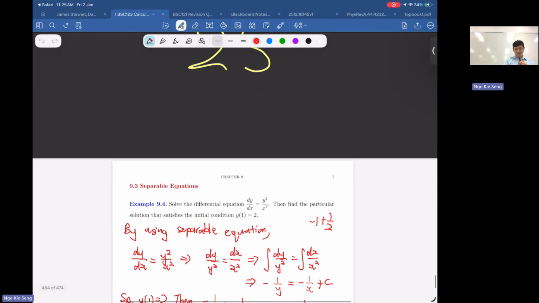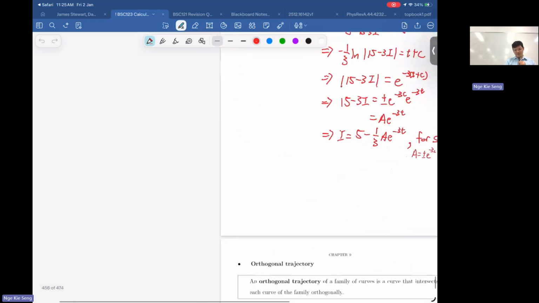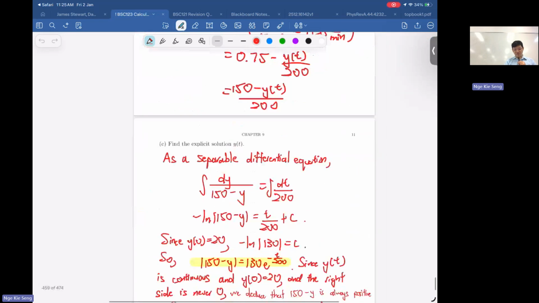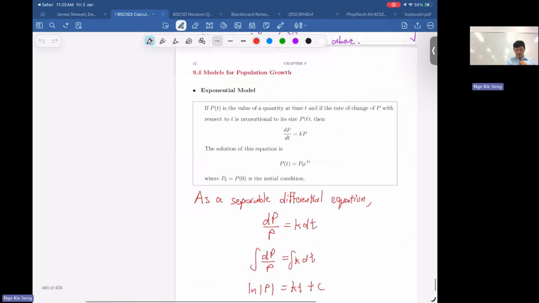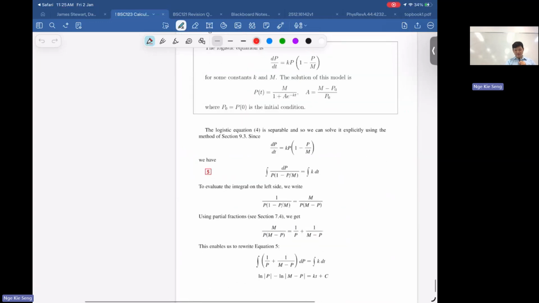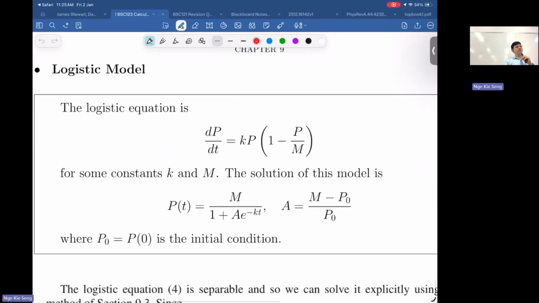Maybe one thing I need to ask you to do: if you don't want to calculate from scratch, then you need to memorize this formula. Either you do the partial fractions and get this answer out, or memorize this one. Does it make sense?